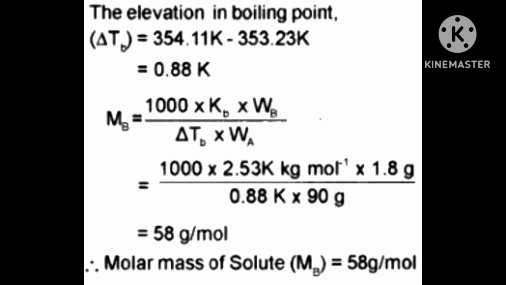Then after cross multiplication, delta Tb is there, and Kb is a standard value that will be given in examination. Then mass of solute, mass of solvent and molecular mass, three things are variable out of 5. 1000 is already there, and the Kb value will be given.